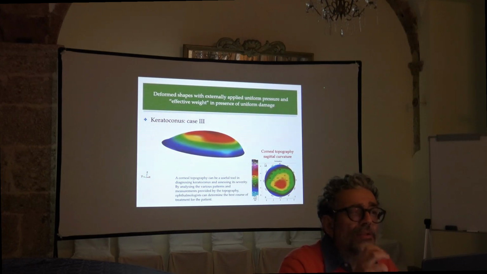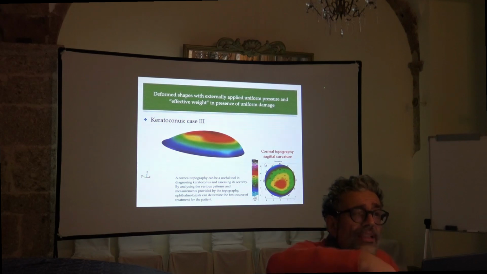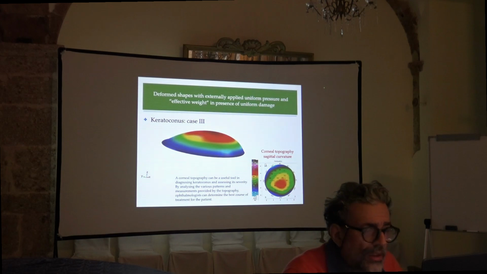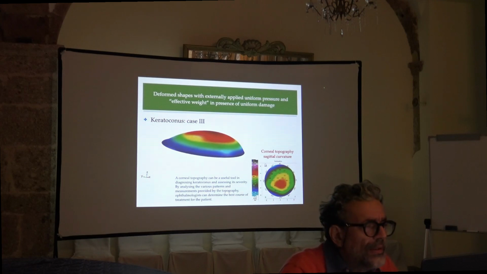Our lids are very strong, and they can apply up to 20 millimeters of mercury force. But this is not a pressure. It has a direction. And the vertical component is rather important. So playing with that, this point has to be improved in our analysis.